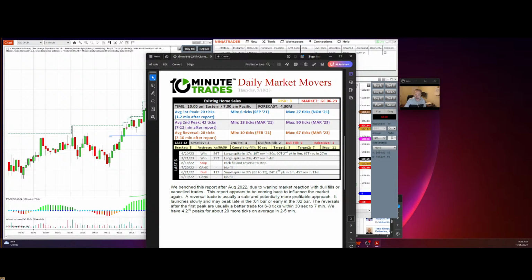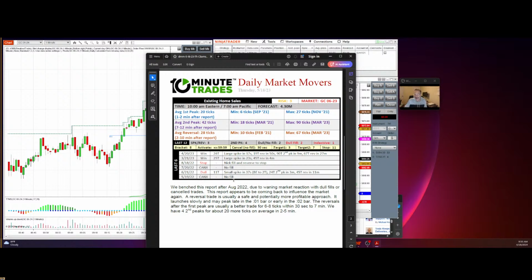It's a small report. Look at the target size, 3 and 7 ticks. That tells you immediately that you have an event that just doesn't move markets. Okay, it just does not move the markets. Years ago, it did move the markets, and occasionally you'll get a report that does move the markets.